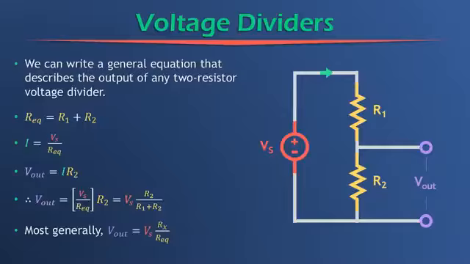So we can find the voltage across any of the resistors, and we can have any number of resistors. We can have 3, 4, 5, 6 resistors, and all you have to do is put the value of that resistor in the numerator and over top of the equivalent resistance and multiply it times the source voltage, and you will get the voltage across that resistor Rx.